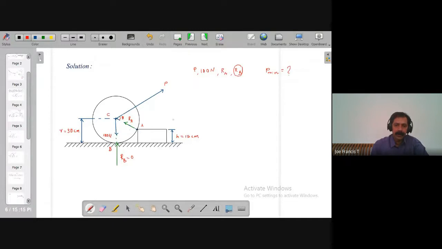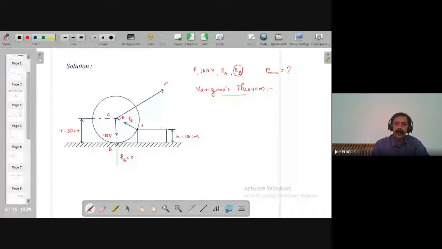Now we need to find this. There are different methods for solving this and finding the value for P. Of course, the easiest method is to apply Varignon's theorem. Applying Varignon's theorem will be the easiest. So we apply Varignon's theorem, the easiest method in this particular problem.